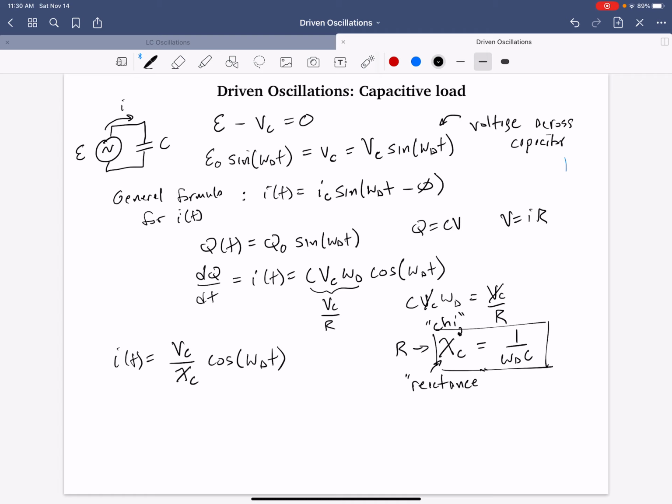Well, remembering way back into trig, we need to use the relation, let's say cosine of some angle equals sine of that angle plus pi over 2. So using that, we can turn this current through the capacitor into a sine term, but in so doing, we have to change the argument.